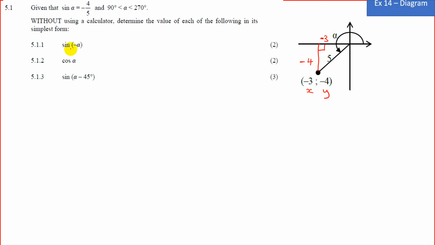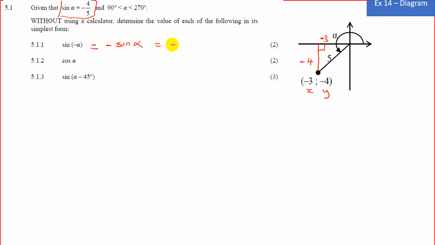The first question is sine of negative alpha. Now that is a negative angle, which is in the 4th quadrant, or we can use 360 minus alpha, and that means that sine of negative alpha is negative sine alpha. They already gave us the value of sine alpha.